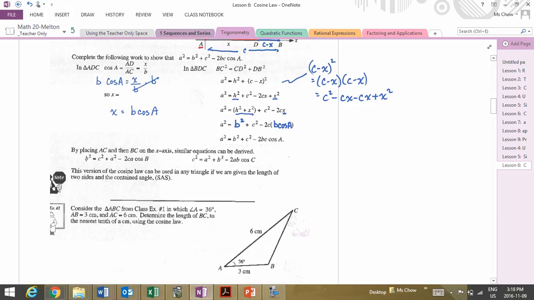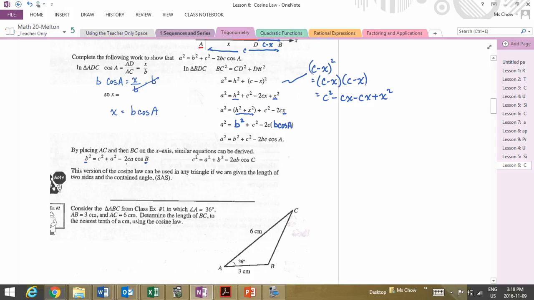So what you want to notice is that the length that we want to find is the one that's isolated. We have the corresponding angle. The other two lengths are being squared and added, and those are the two same lengths that are being multiplied by 2.